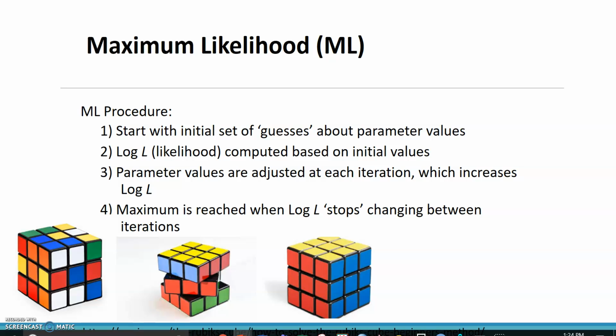And then we do another iteration, and we see, is that a better fit with the new parameters, these new values? Then we do another iteration. Is this better? Another iteration, is this better? And so we keep doing iterations until we're not finding anything better. And that's when the log likelihood stops and we reach our maximum.